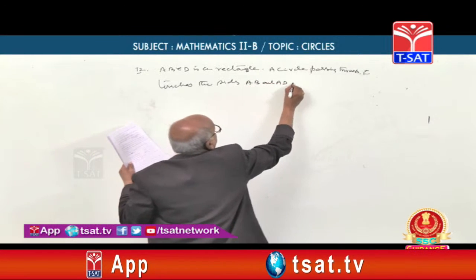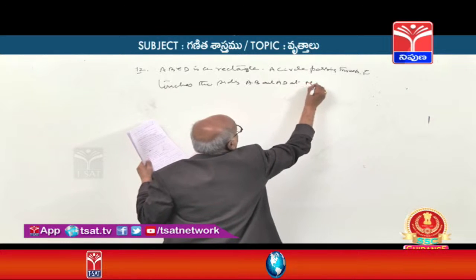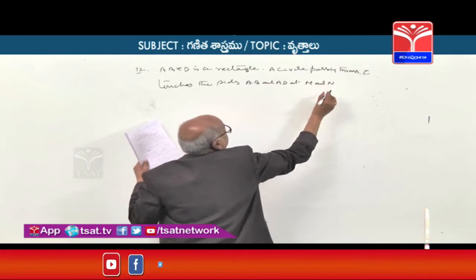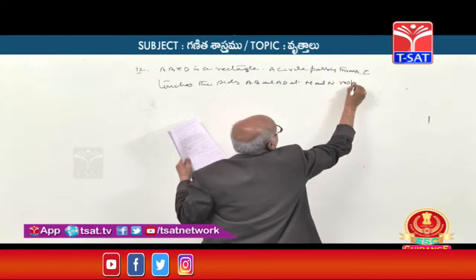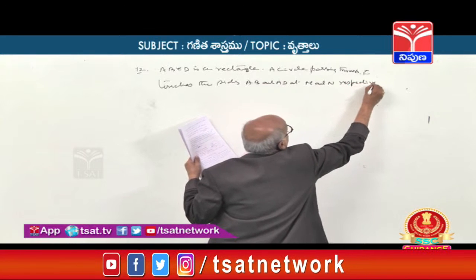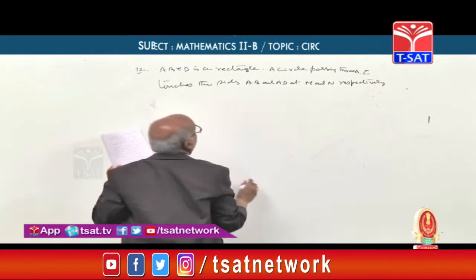A circle passing through C touches the sides AB and AD at M and N respectively.